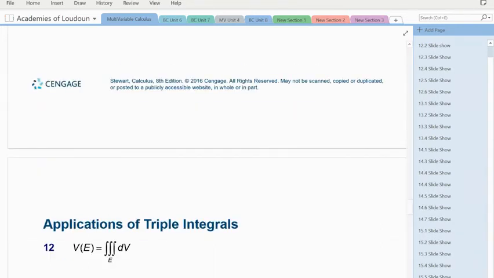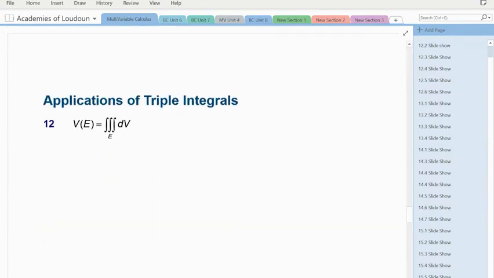So moving on to some applications of triple integrals. We know that if our function is greater than or equal to 0, then the single integral represents the area under the curve from a to b.